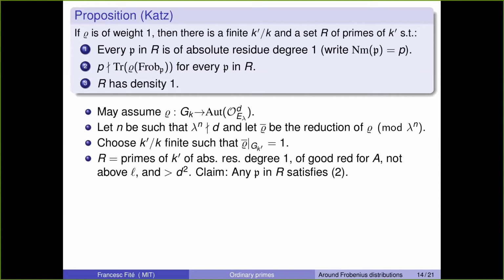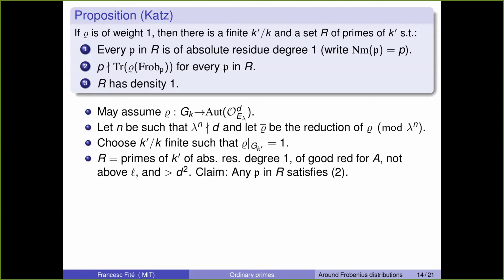That concerns some continuous representation rho, and therefore there's some lattice which is stable by the action of GK. So we can assume without loss of generality that the representation rho takes values not just in the completion of E at lambda, but in its ring of integers.